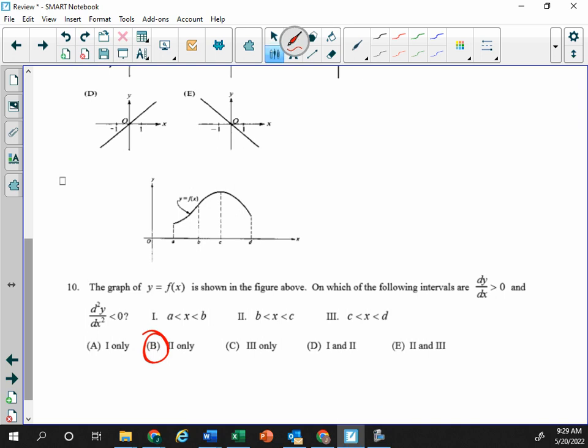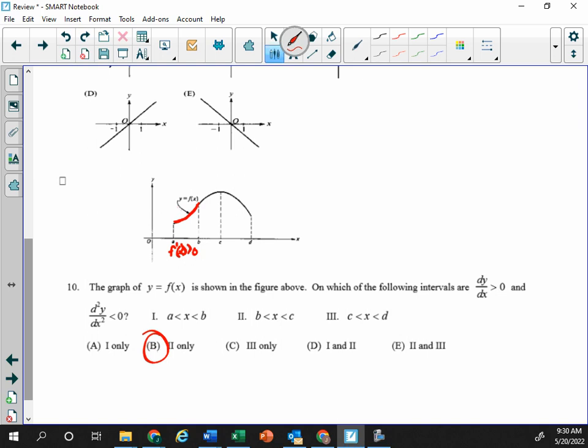How does 10 work? Okay. So this section, what is the first derivative doing? Well, it's increasing. Okay, so we know for this one it's possible. And then what kind of concavity is that?